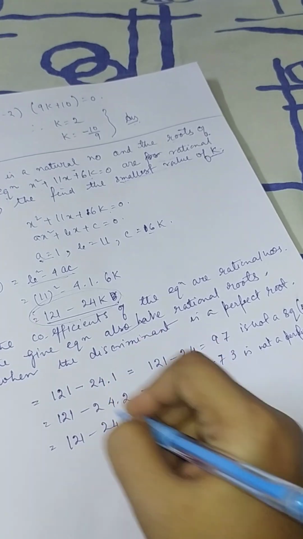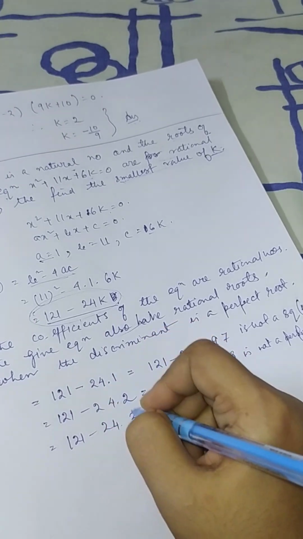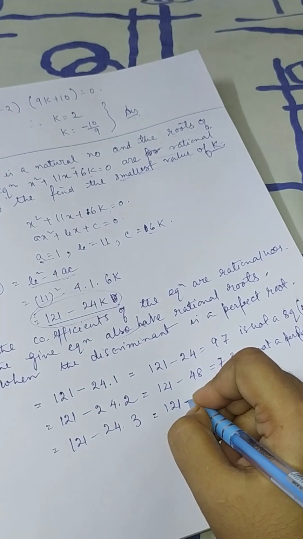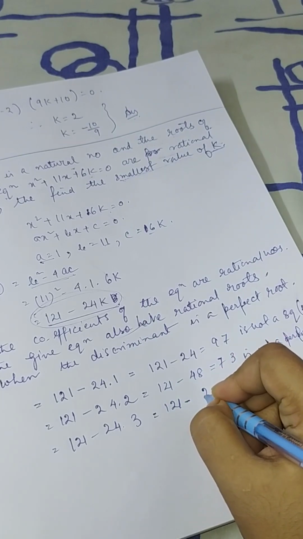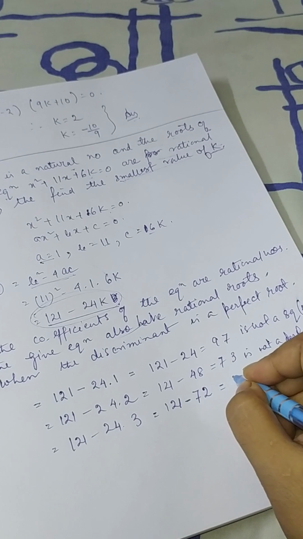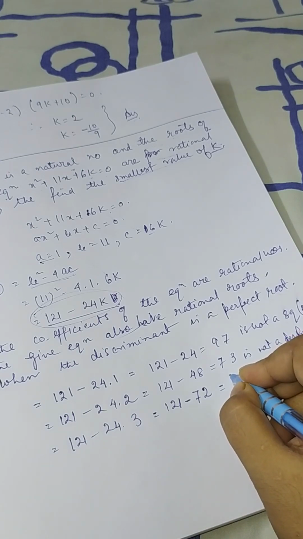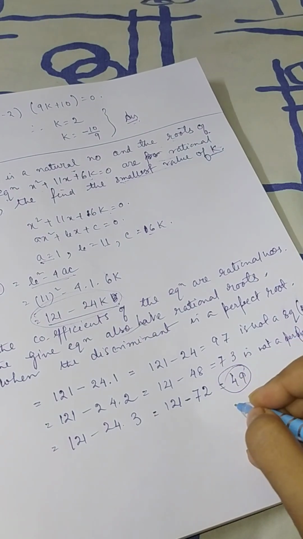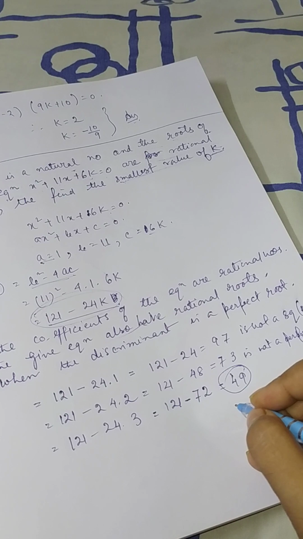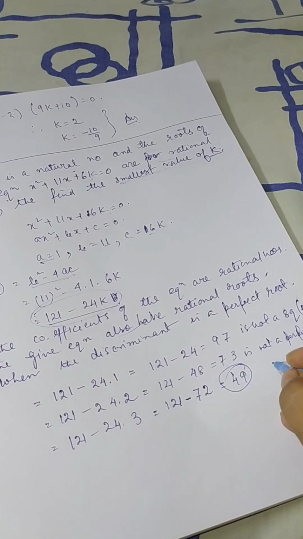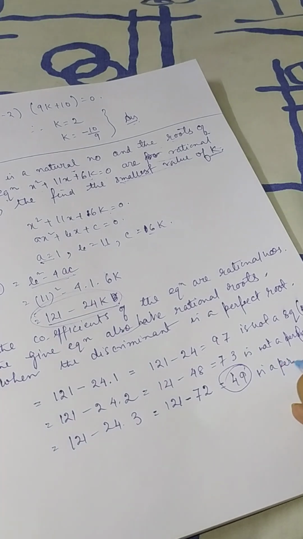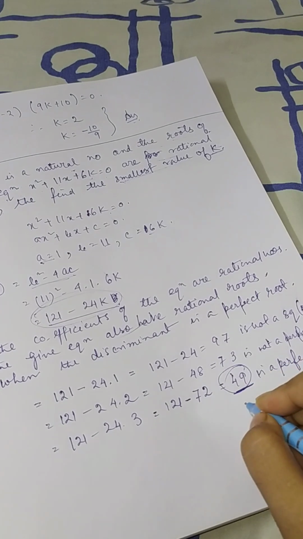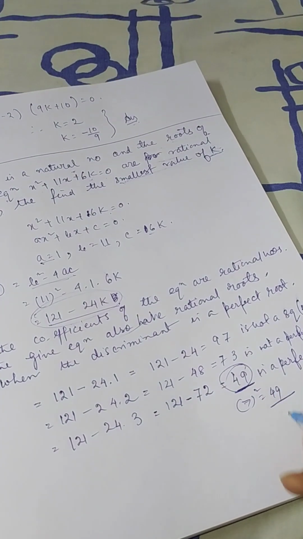So in place of k I am putting the different values, and obviously I am taking the smaller values. So 121 minus 72, that means 49. Now 49 is a perfect square, because 7 square is equal to 49.